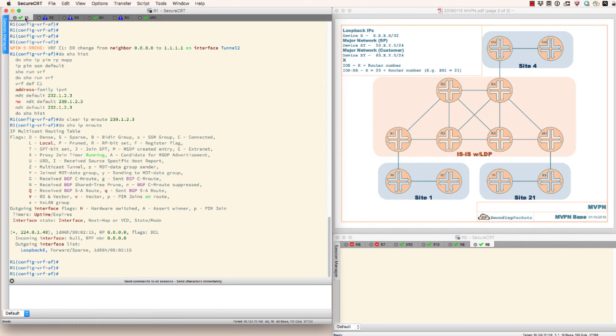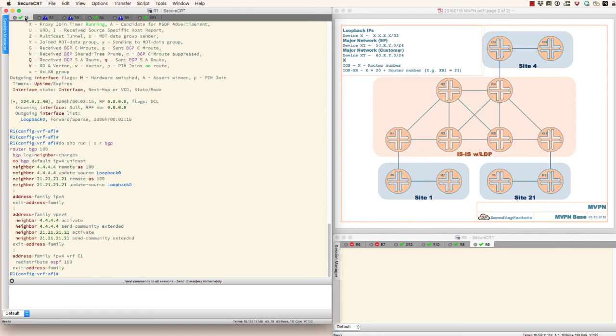The next thing here then is to start that address family, the address family MDT, and then become neighbors on that. So let's look at the BGP currently. Do show run section R BGP. And what I would have to do is take this address family VPNv4 and do the exact same thing for address family IPv4 MDT.